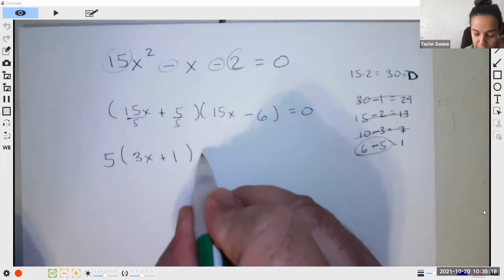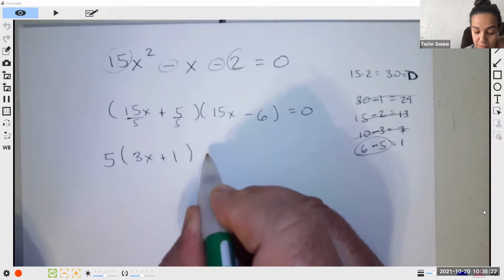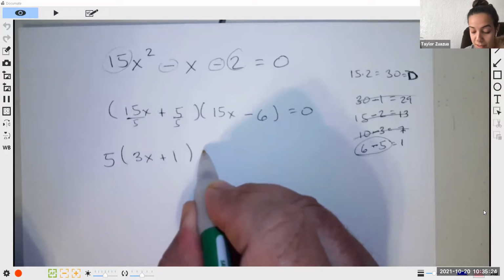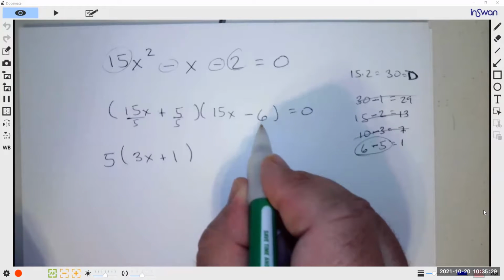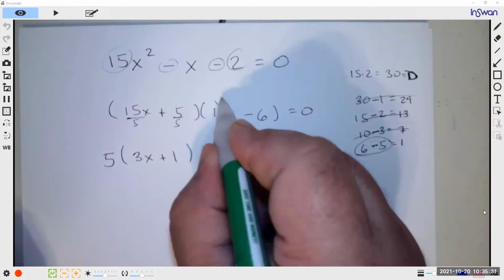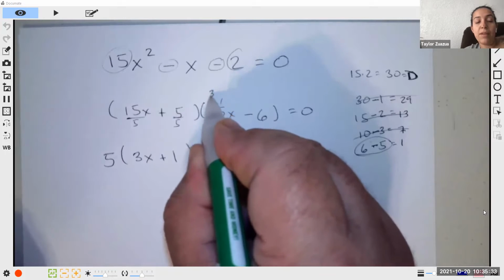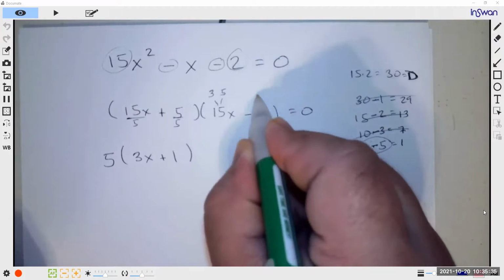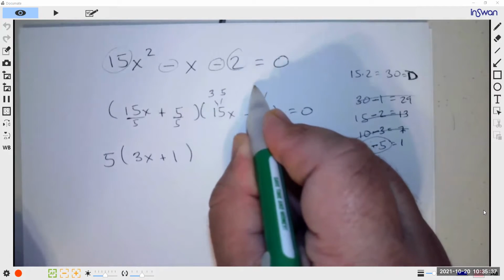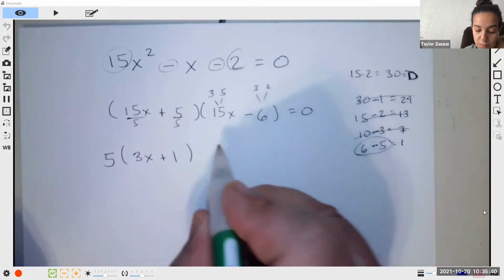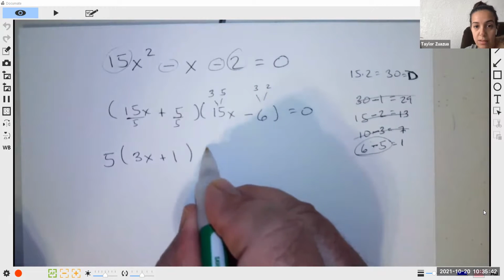And then the next one, does 5 go into 6? No. What is 15 made up of? 3 times 5. And 6 is made up of 3 times 2. So what do they have in common? 3.